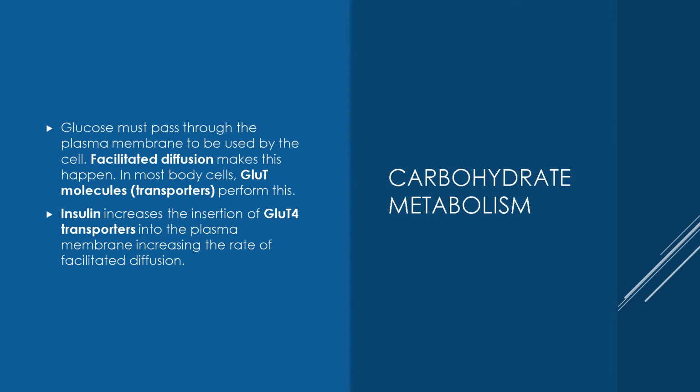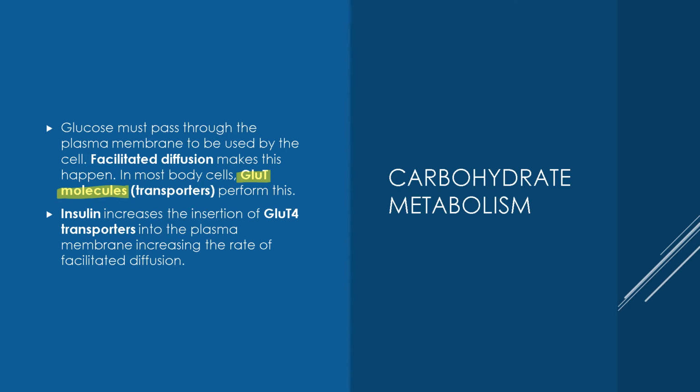Before glucose can be used by body cells, it must first pass through the plasma membrane to enter into the cytosol of the cell. Glucose absorption in the gastrointestinal tract and also in the kidney tubules is accomplished by secondary active transport. We saw that in the last chapter. Now, glucose entry into most other body cells occurs by GLUT molecules, G-L-U-T.